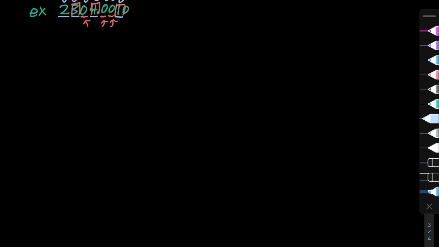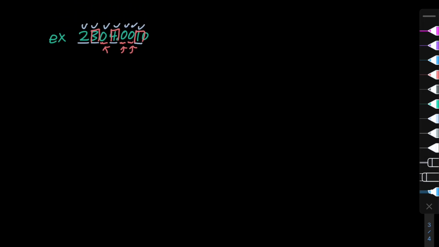But for this last zero here, this last zero behind this 1, this is a trailing zero. This is a trailing zero because it is behind all integer digits.